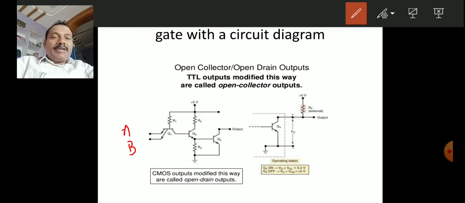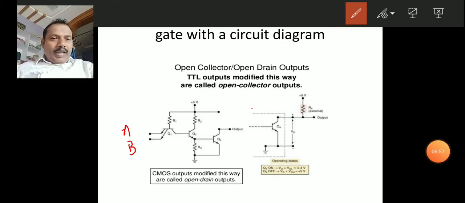It conducts, and as Q1 is conducting, it is in saturation. Then there is no current flowing through the base of Q2. Hence Q2 is switched off.